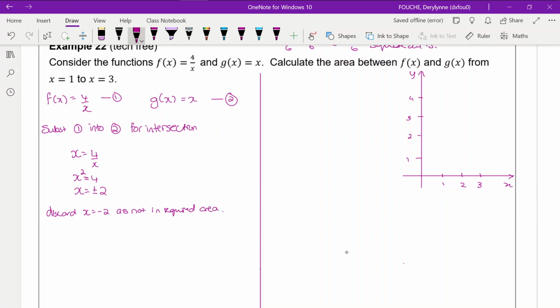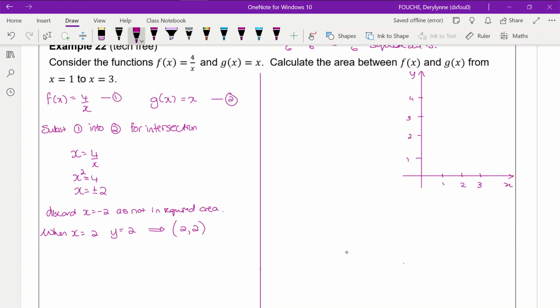And now I need to find my y value to find my actual intersection point. So when x equals 2, I see that y also equals 2. So my point of intersection is going to be at (2, 2).